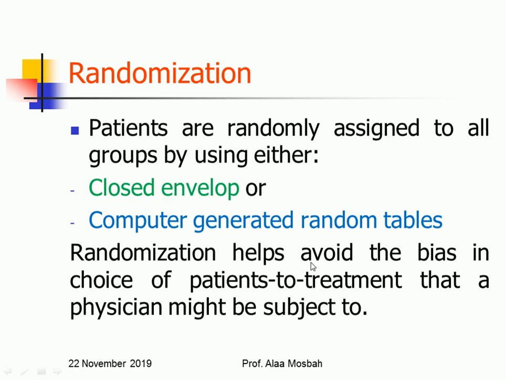Randomization helps avoid the bias in the choice of patients to treatment that a physician might be subject to. So you are trying to prevent any bias. So randomization gives strength to the study. It makes it more powerful, more accurate.